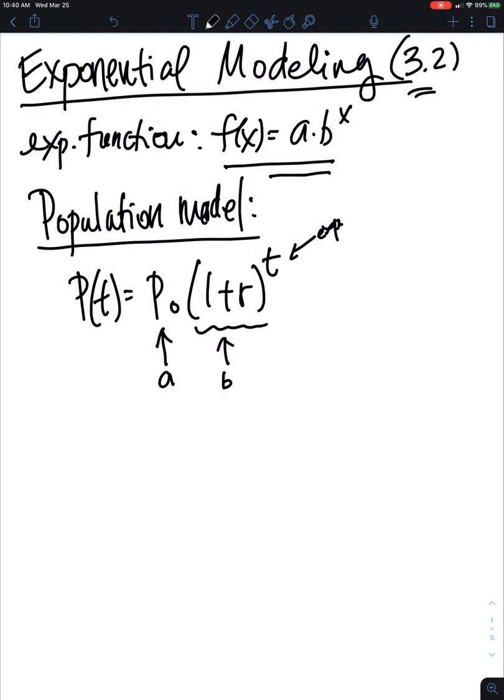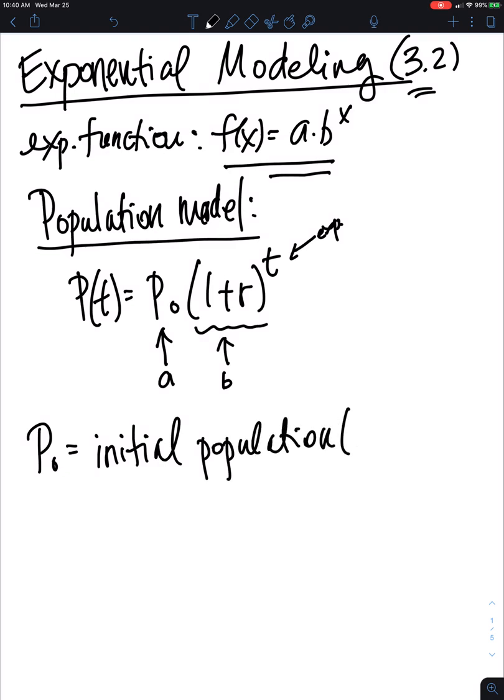So it's very similar, set up just a little bit different to include what we call a rate of growth or decay. So let me go over these. P naught is just like our A, which is our initial value. Here it's our initial population, but no matter how you use this equation, it's always just your initial value.